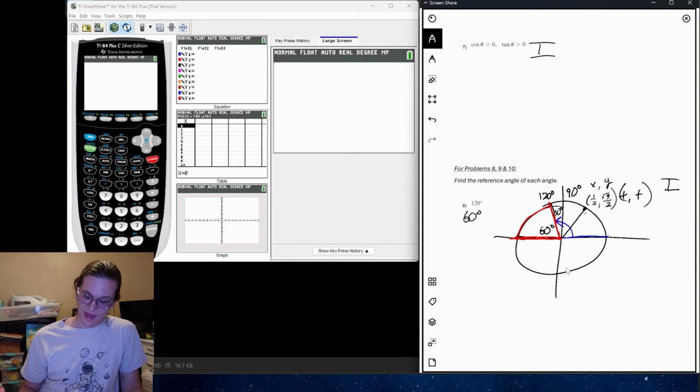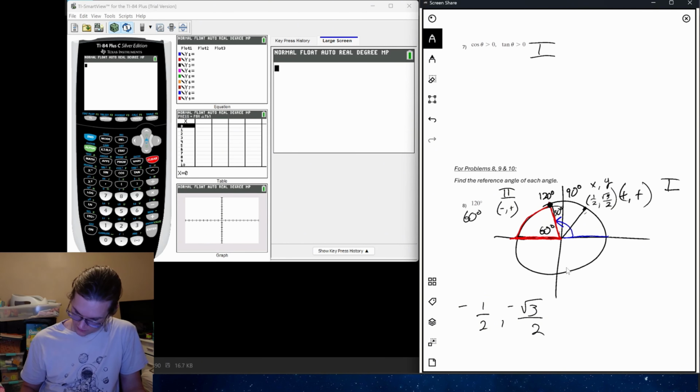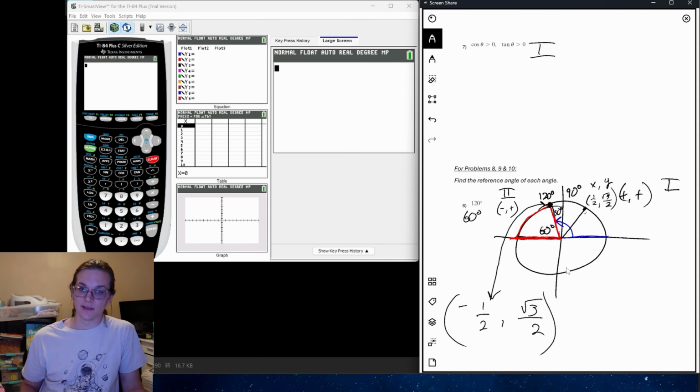And then knowing that, I apply the sign of quadrant 2, which we determined many times now is minus plus. So if I want to know what the coordinates are right here, I take the coordinates that are here and I do minus plus, right? And we usually don't write the plus. So the coordinates here are these, where minus 1/2 is x and root 3 over 2 is y.